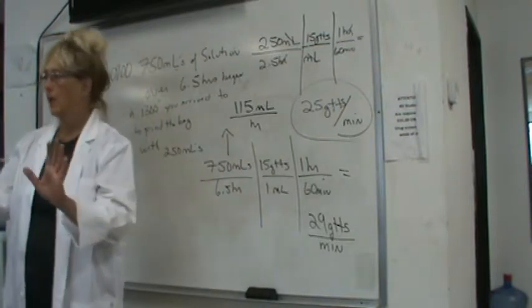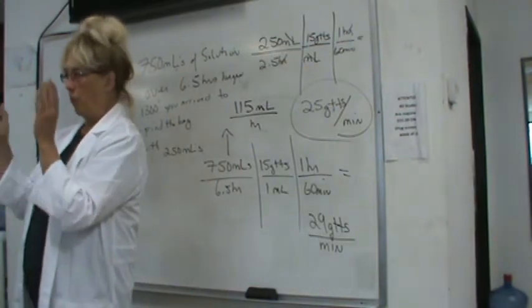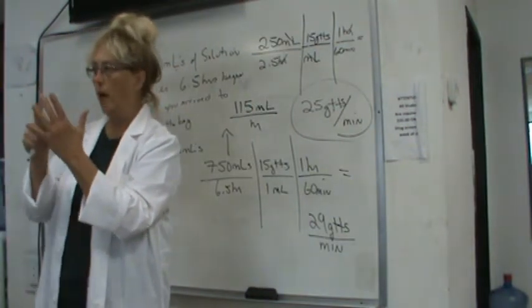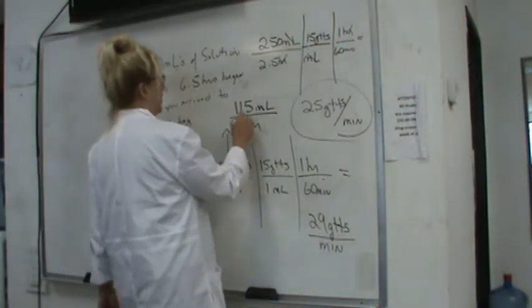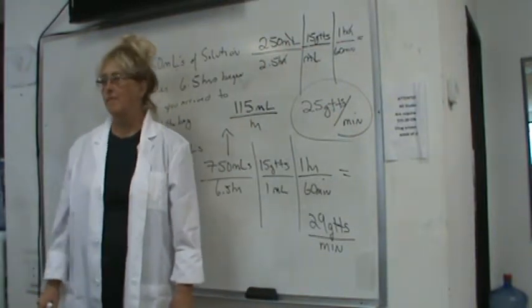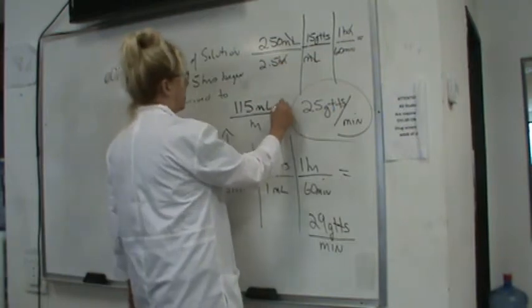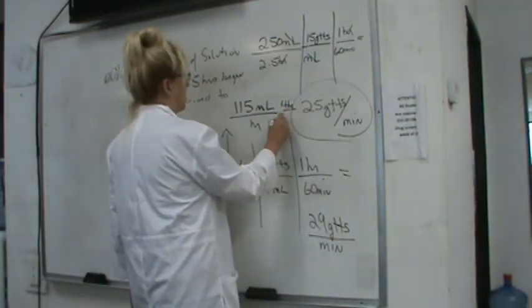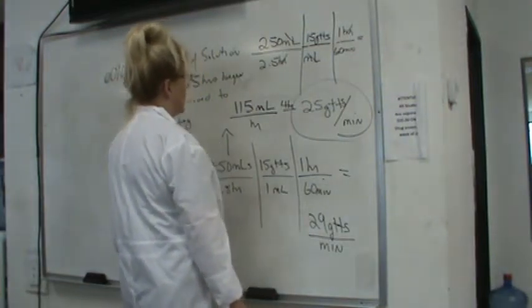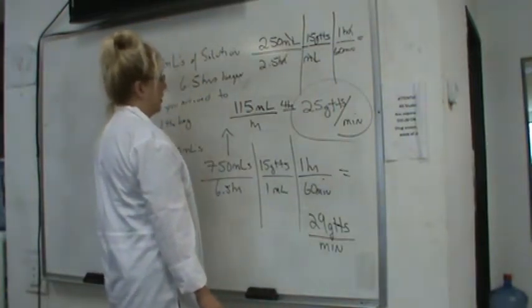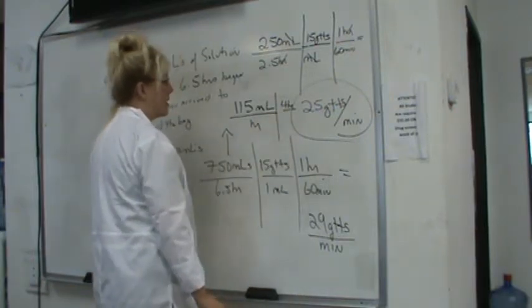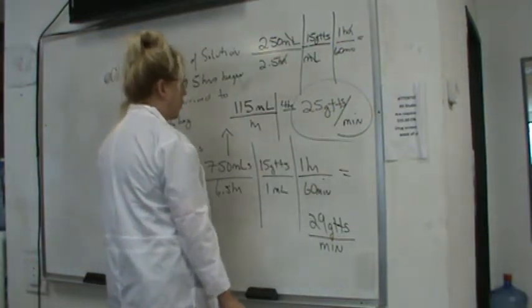Okay, watch. We got there at 1. So we ran from 10, 11, 12, 1. Now multiply that times 4. 115 times 4 hours, what do you get? 460?